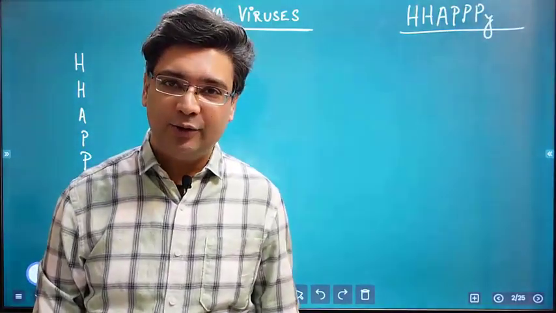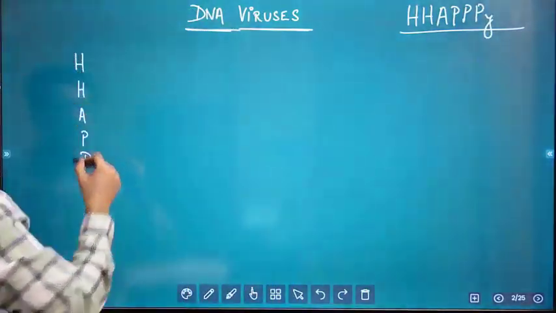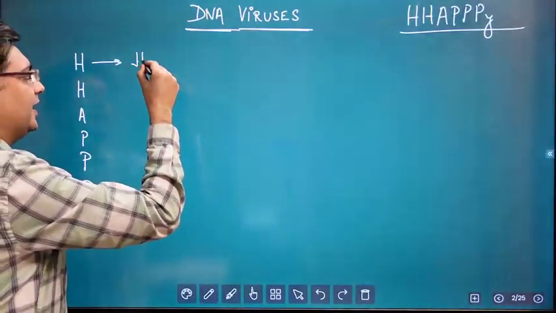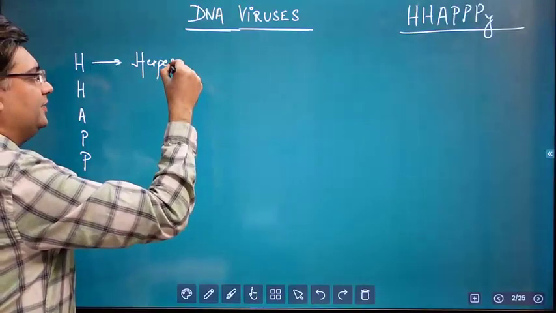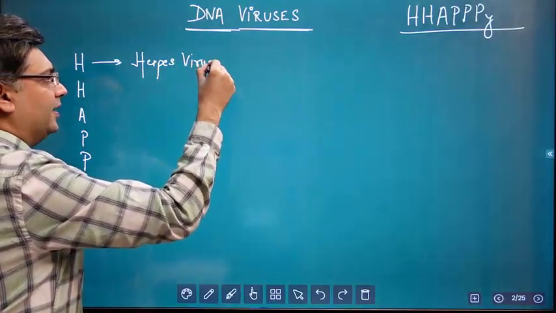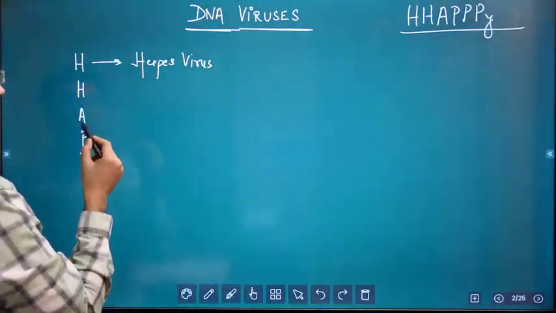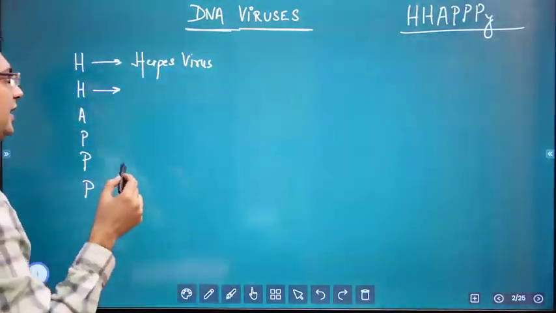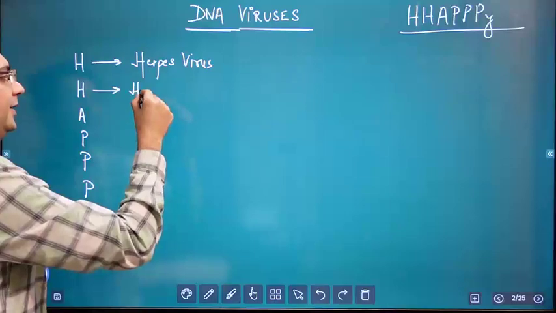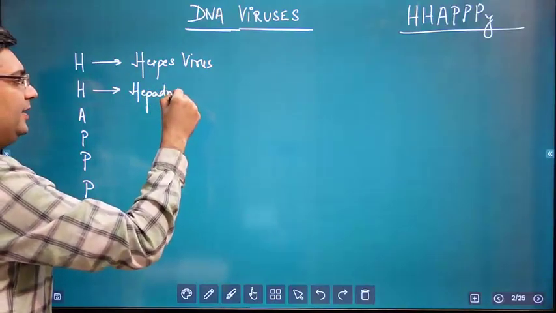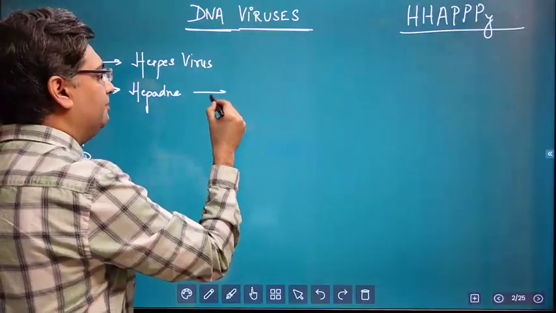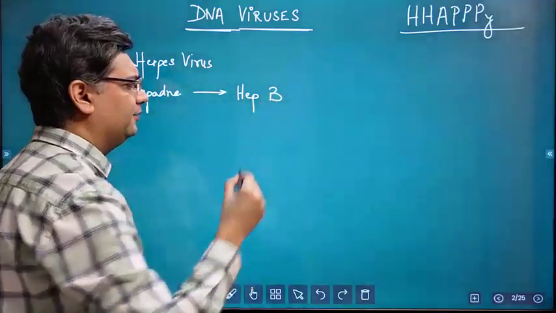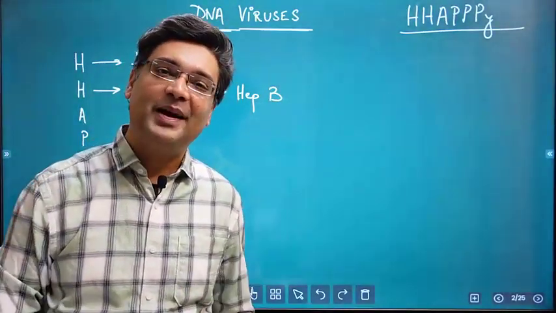H, we have written happy over here and we're going to start with the H. So H basically stands for the herpes virus family, which is a complex family which we will discuss in detail. The next H here is the hepadna virus family, and the most common member of the hepadna virus family is hepatitis B, which we will talk about in microbiology.